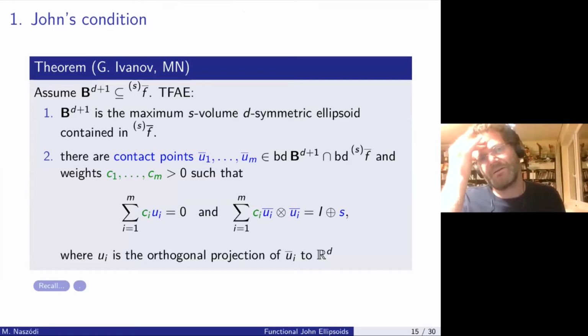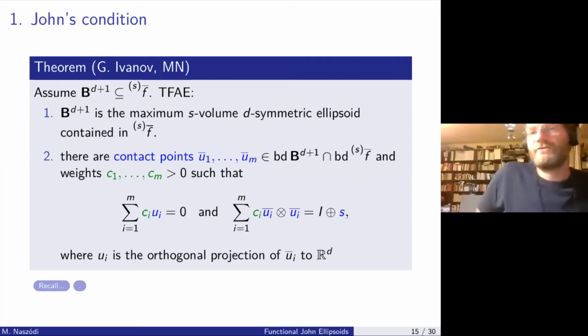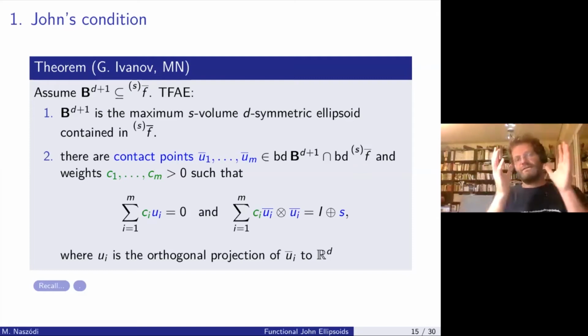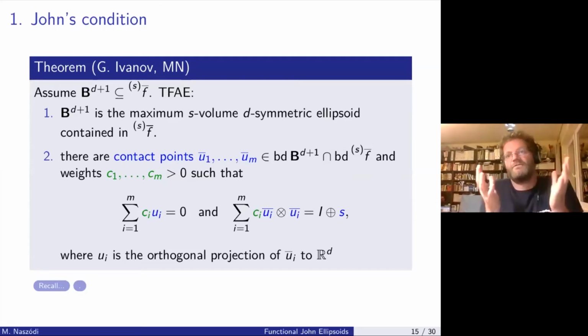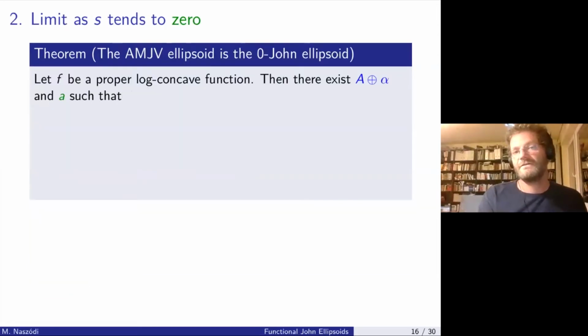My guess is that we know that there is this AMJV ellipsoid, and we know that our ellipsoid will tend to that. I think at the end you just get this obvious d-dimensional thing, that you have some level set, and they will tend to the John contacts of that level set or super level set. Well, okay, so yeah.